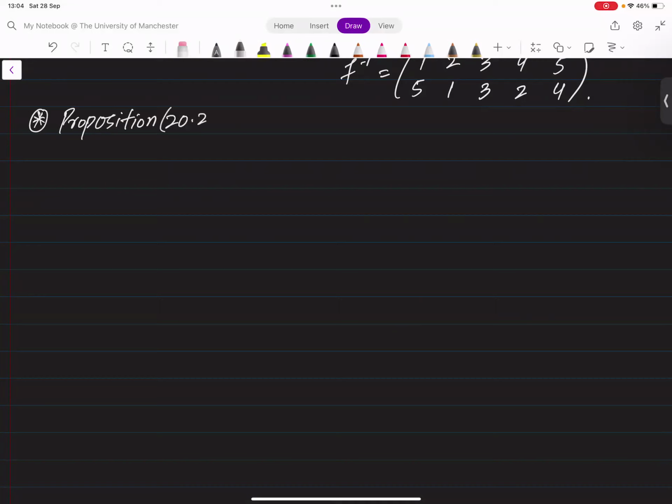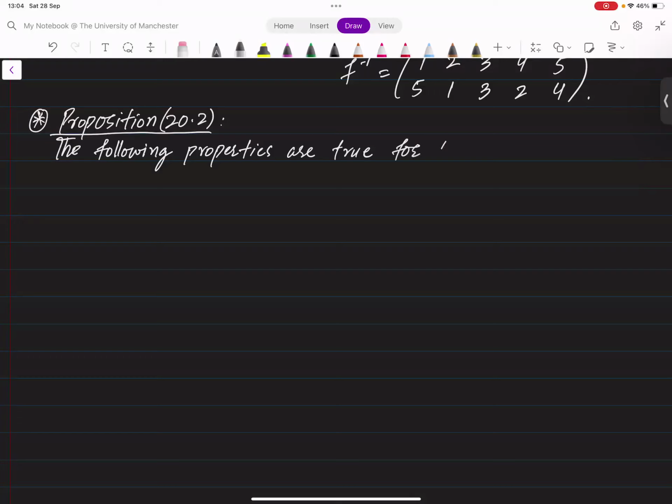The following properties are true for the set Sn of all permutations of the set 1, 2, up to n.